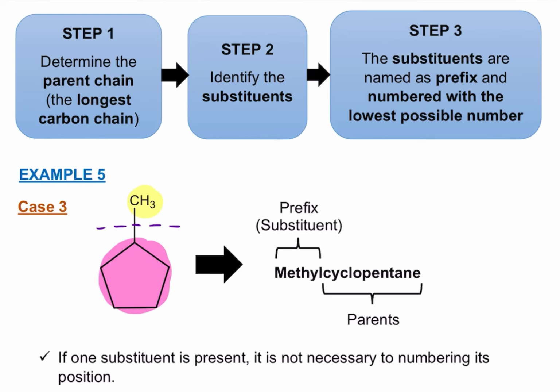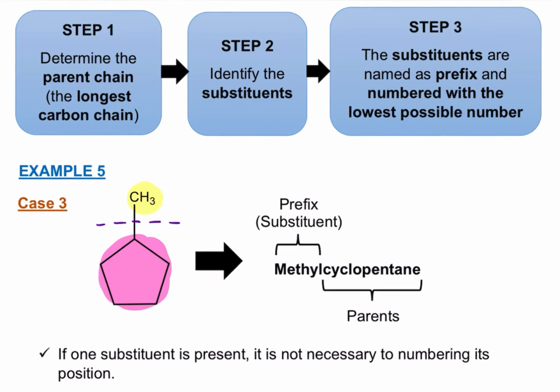I have one substituent CH3, which we call a methyl group. So the name will be methylcyclopentane. I'm not giving any number for methyl because it is not necessary. Why? Because methyl is always at carbon number 1 when there are no other substituents attached to the same ring.